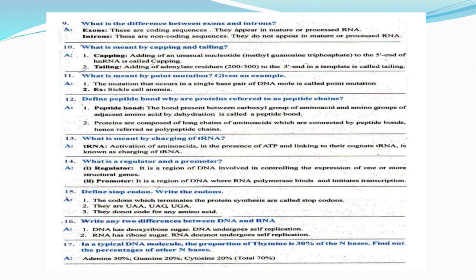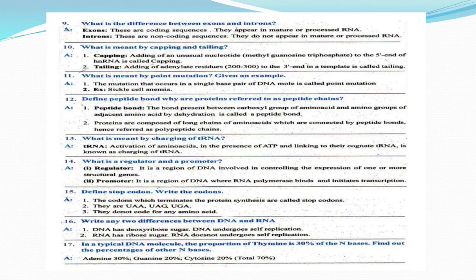They appear in mature or processed RNA. Introns are non-coding sequences. They do not appear in mature or processed RNA. It's quite the opposite for exons and introns.